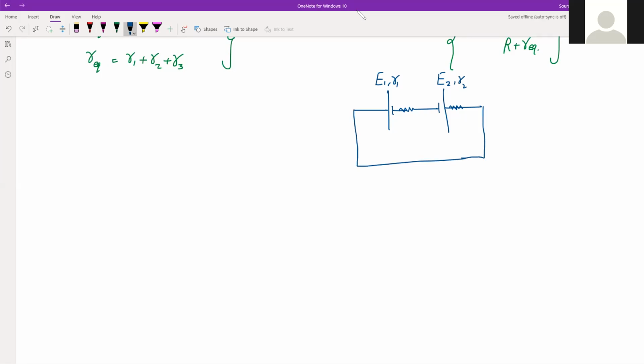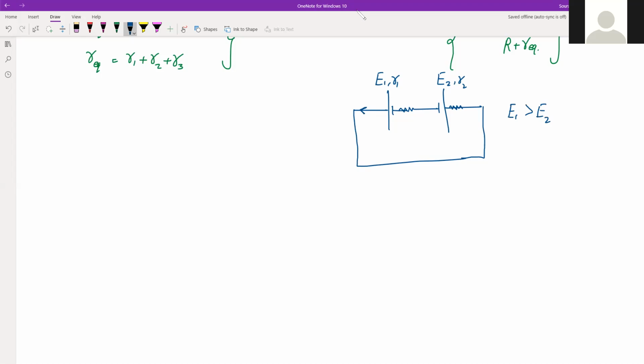Now, obviously, these are opposing each other. So in which direction will the current flow? If E1 is greater than E2, that means this cell has the higher EMF, so it will overcome the other.